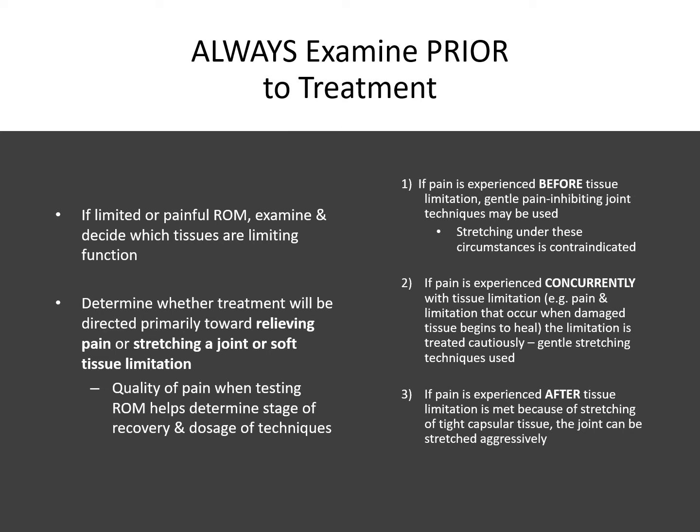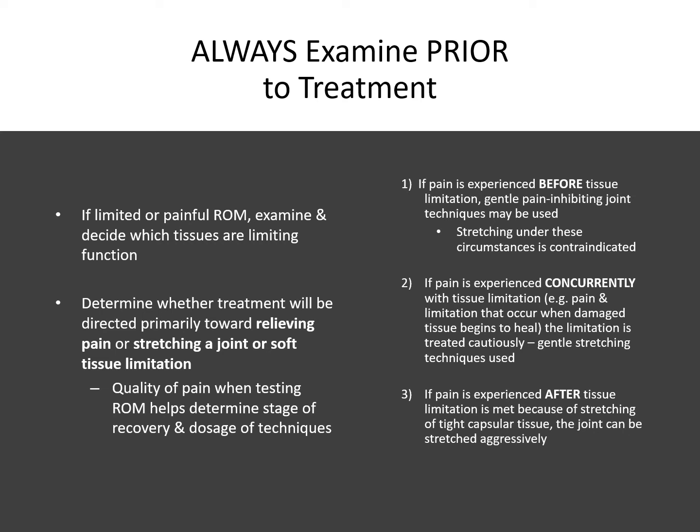Now, before giving your treatment, what all points you should take care of? Point number 1, if limited or painful range of motion, examine and decide which tissues are limiting the function. That means whether it is joint which is the actual cause, whether the muscles are tight, whether the capsule is limited.